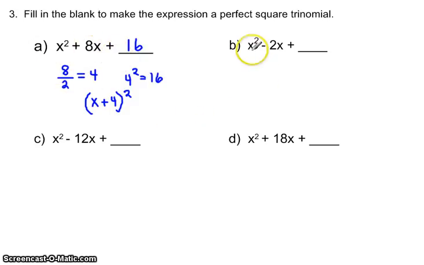So with part B here, it says x squared minus 2x plus what would make this perfect square? Well, we take the negative 2, divide it by 2, which gives us a negative 1. Negative 1 squared gives us positive 1. So that's what goes in here.